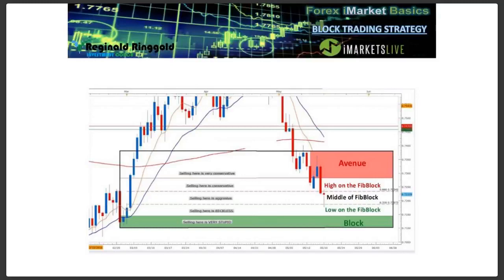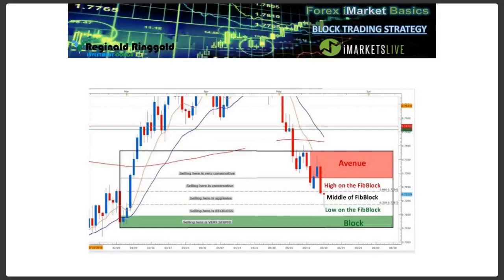Selling in the middle where current price is would be kind of aggressive because it can go either way. Selling low on the fib block down by the floor is reckless. Selling inside an area where there's institutional order flow right at that lower low, at an all-time low or inside the bid block, it's very stupid. Okay, so just keep that in mind.